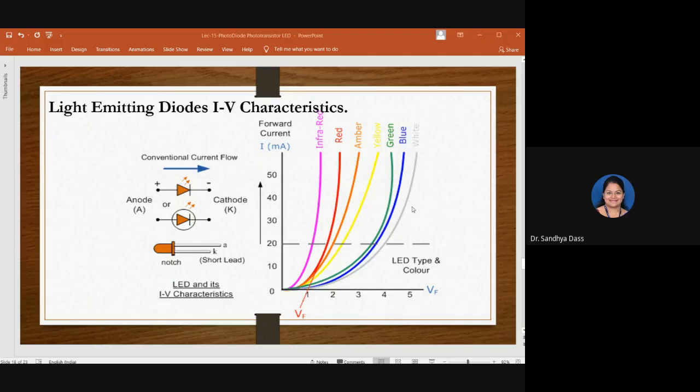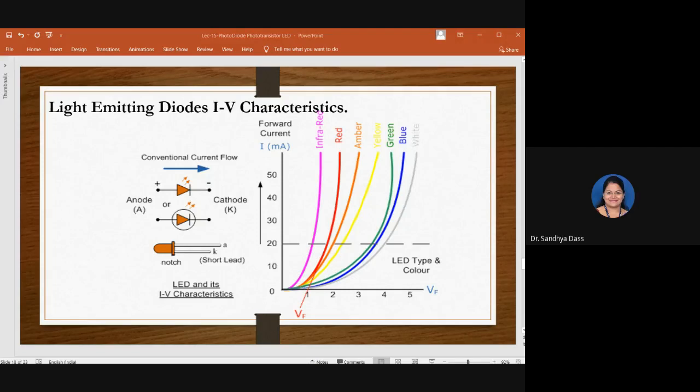So typically this is the LED with a VI characteristic shown. As you can observe, normally the LEDs will operate at the range above 1.2 volts. And the current we are getting in milliamps will be varying as your input voltage is varying.